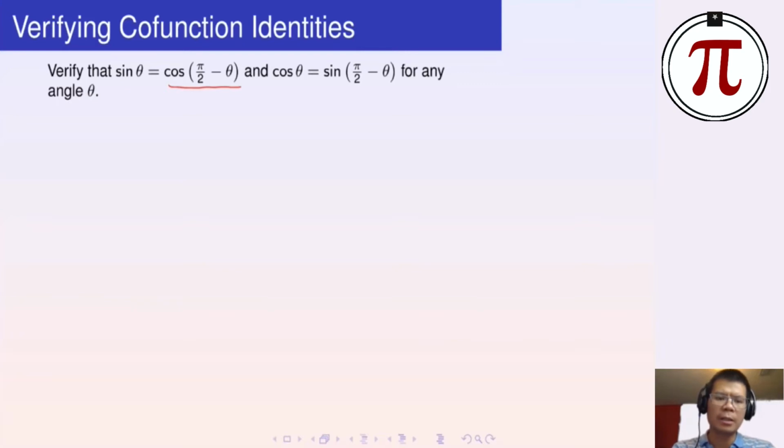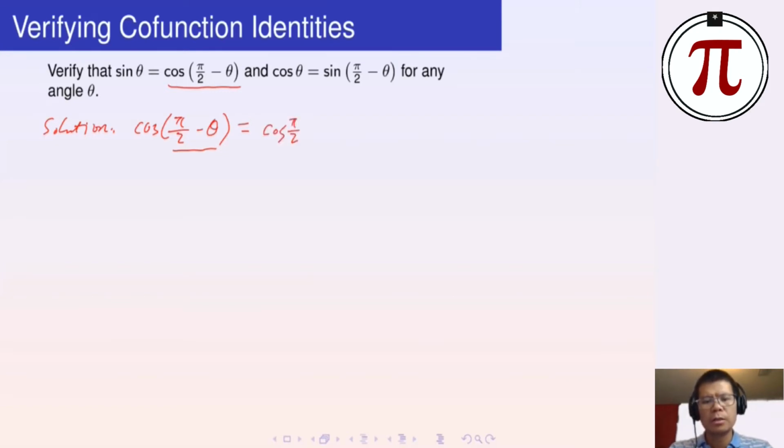Now, cosine of pi over 2 minus theta. You can see that this is a difference between two angles. So using the difference formula, this equals what?